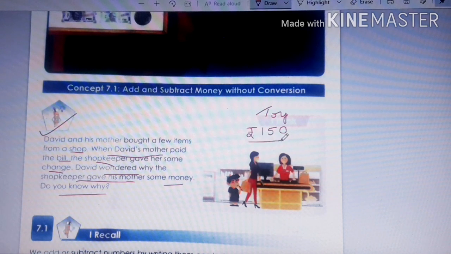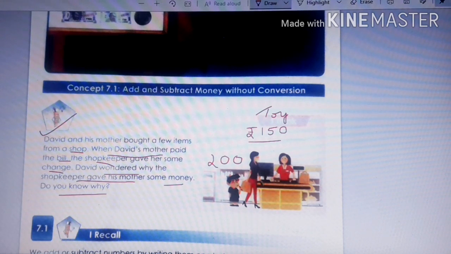So the cost of the toy is 150 rupees, but your mother gave the shopkeeper 200 rupees because she did not have 150. She has more than 150, that is 200. So she gave 200 to the shopkeeper, and the shopkeeper returned how much back to David's mother? 50 rupees. So this is how, children, David wondered. You can find out your own answer. You can think over it.